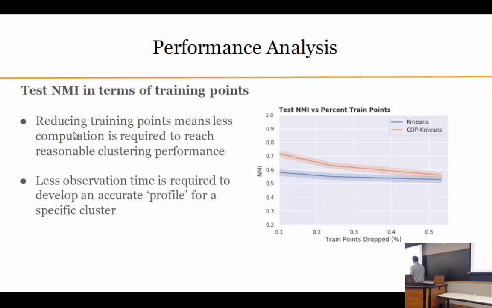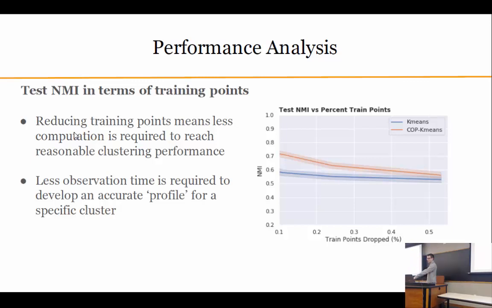This plot is showing a reduction in train points and the performance of the test case scenario. Basically, if I reduce how many hoppers or how many signals I have to train on, so if I reduce my observation window, how well do these algorithms perform with that reduction in window?